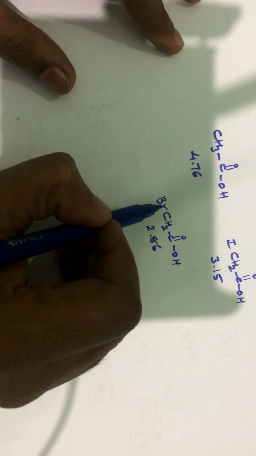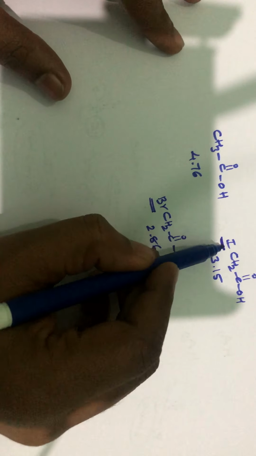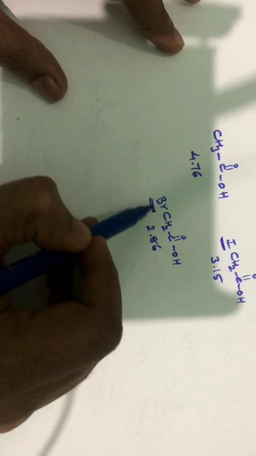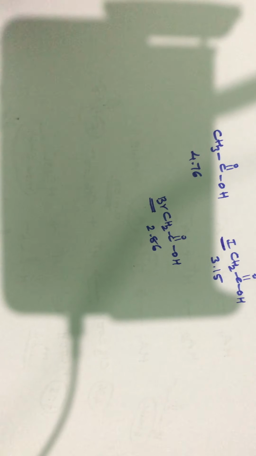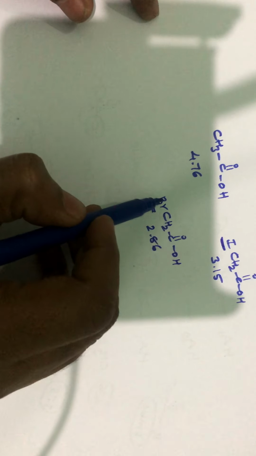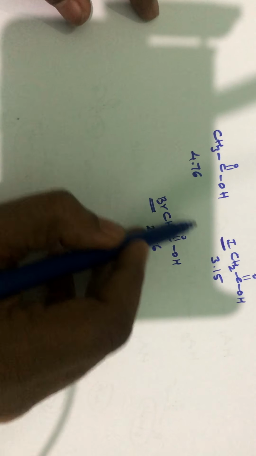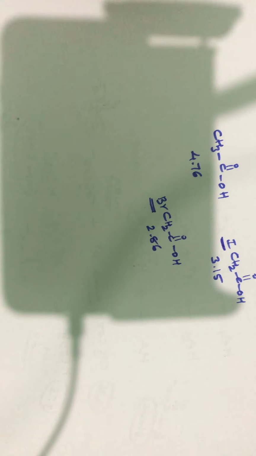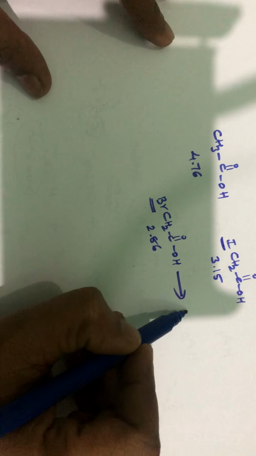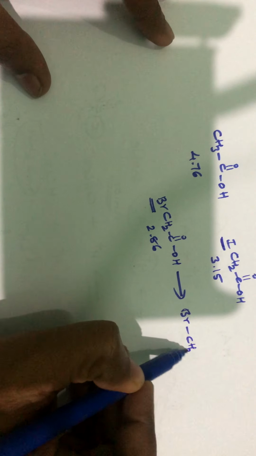Look at this. As the electronegativity of the attached atom increases, these are halogens, and halogens have a tendency to pull electrons. If this pulls electrons, what happens? The anion formed will be more stable. So after releasing a proton, this will form this anion.